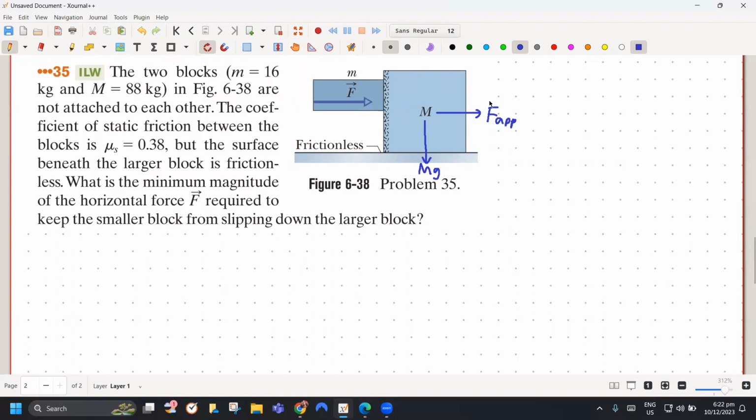You're pushing the first block. Wait, remember, where are you pushing the block? You're pushing it here, on one side.